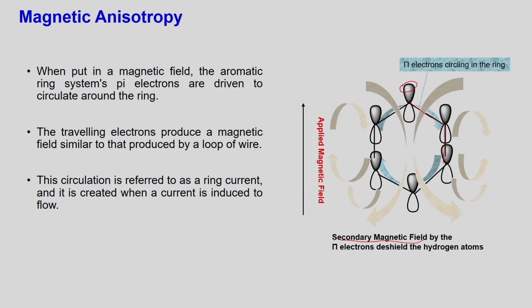This secondary magnetic field interacts with the applied magnetic field in the same direction. Because of this, the spectra are further shifted downfield, or there is a higher deshielding effect. The traveling electrons here produce a magnetic field similar to that produced by a loop of wire. Here the circulation of current is called a ring current, and it is created when a current is induced to flow.